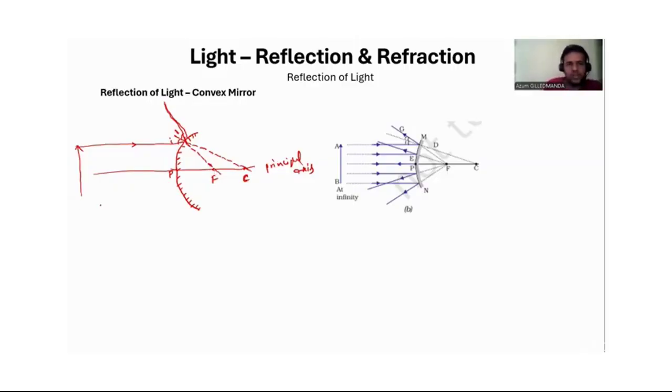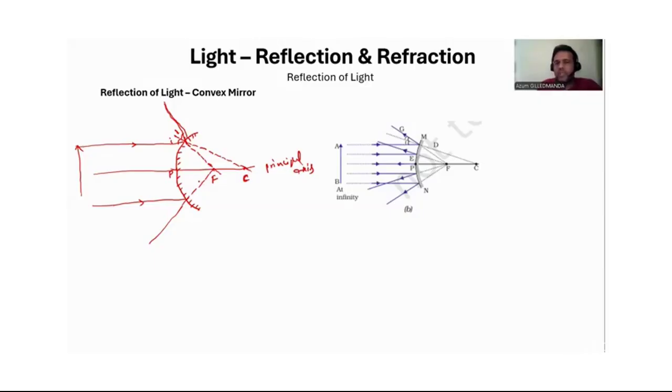You understood? So if a beam of light parallel to the principal axis falls onto this convex mirror, you can see that the reflected ray appears to be going out from the focus. So basically, this is a virtual image, right?